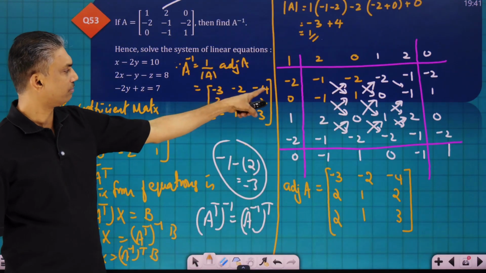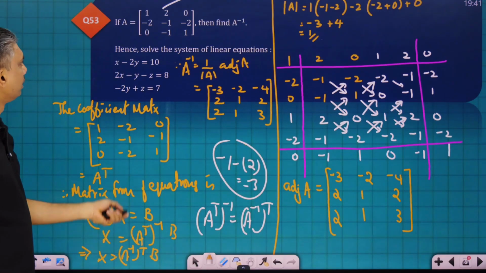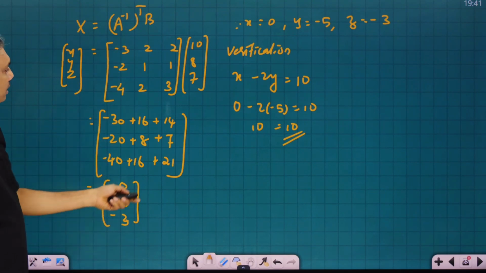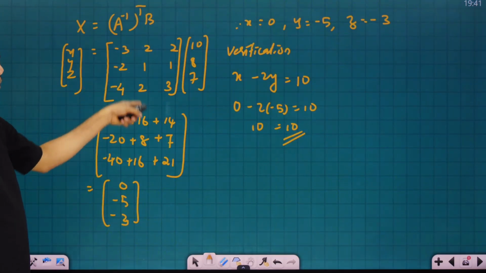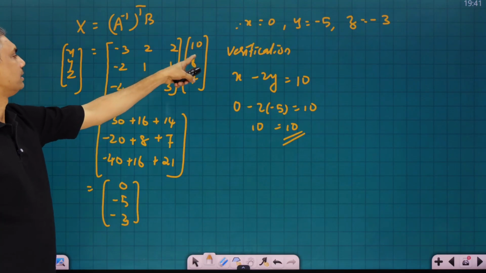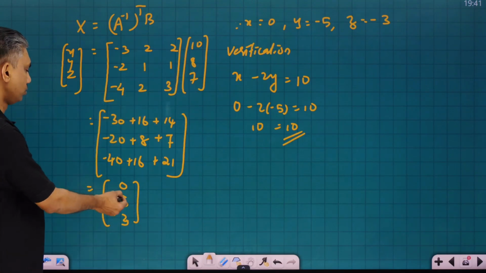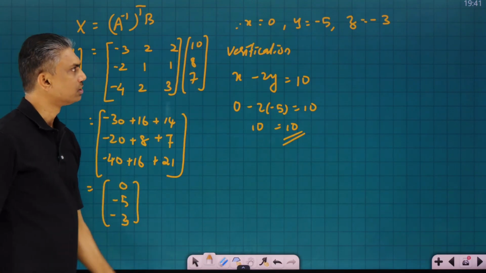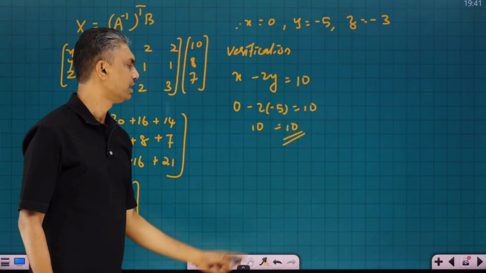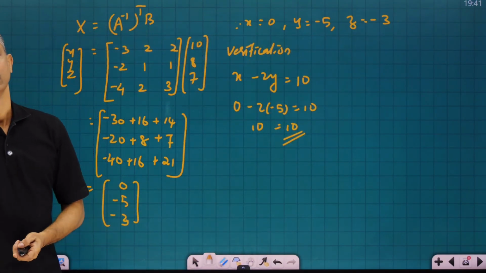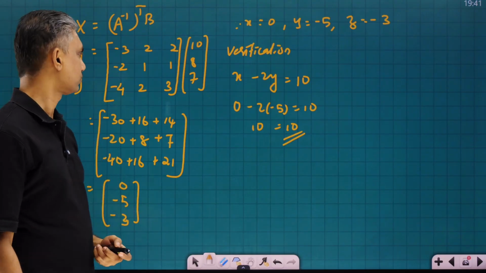Its transpose: minus 3, minus 2, minus 4 will be coming down. Then 2, 1, 2 will be coming here, and 2, 1, 3, into B. You will be getting 0, minus 5, minus 3. So X is equal to 0, Y is minus 5, Z is minus 3. Verification is there. It will be easy. So that is the last question.